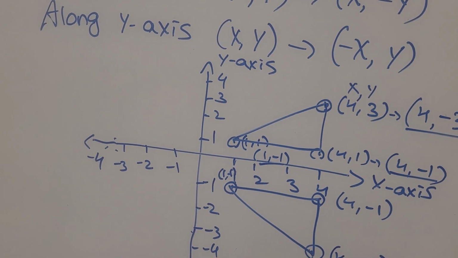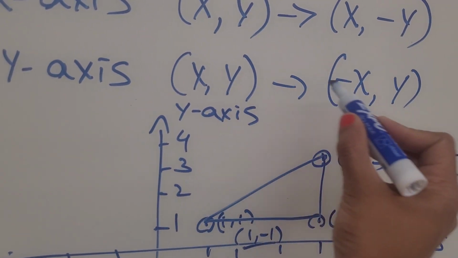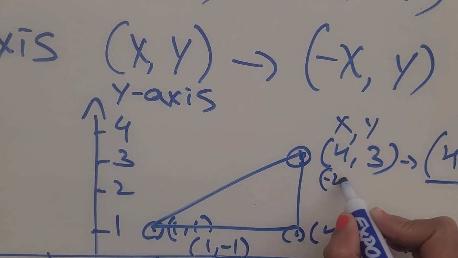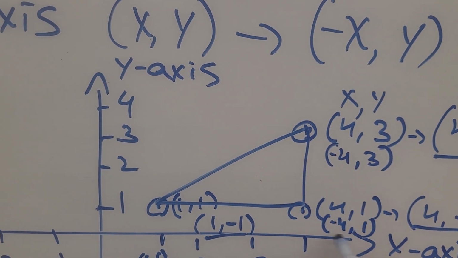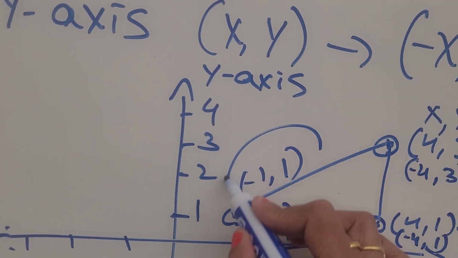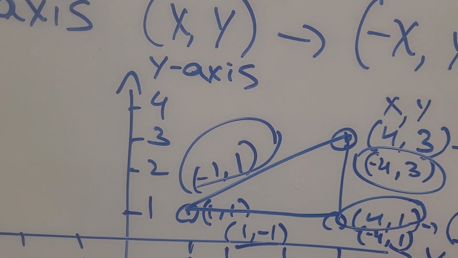And let's do the reflection for the y-axis. For reflection over the y-axis, (x, y) gets changed to (-x, y). So I have -x and y: (-4, 3), (-1, 1) and (-4, 1). I am circling these for the y-axis, and I have underlined for the x-axis.